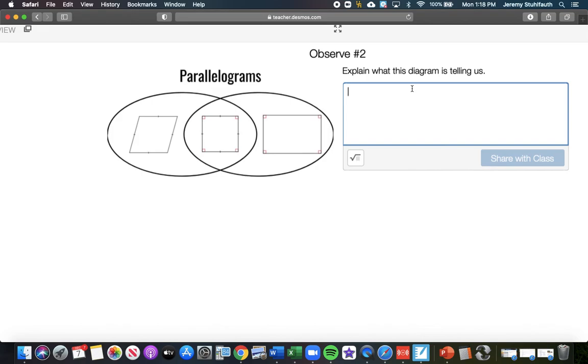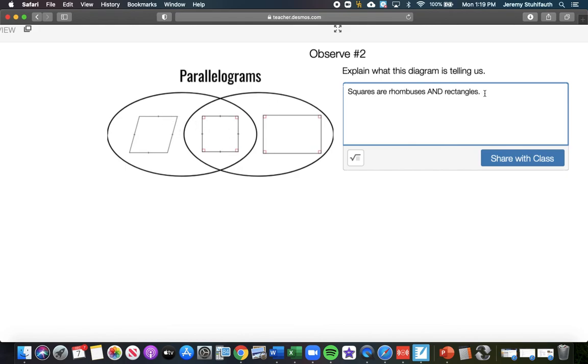Well, first of all, it tells us that squares are rhombuses and rectangles, because squares are in the overlapping portion of rectangles and rhombuses.